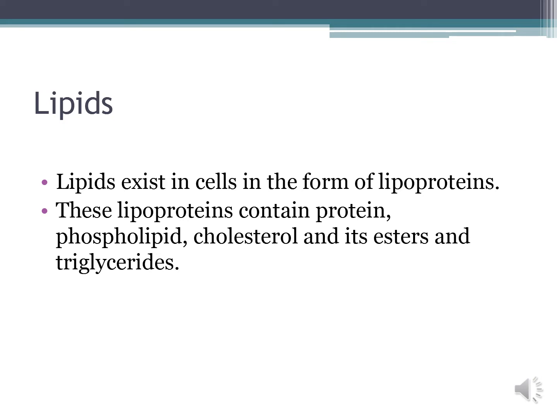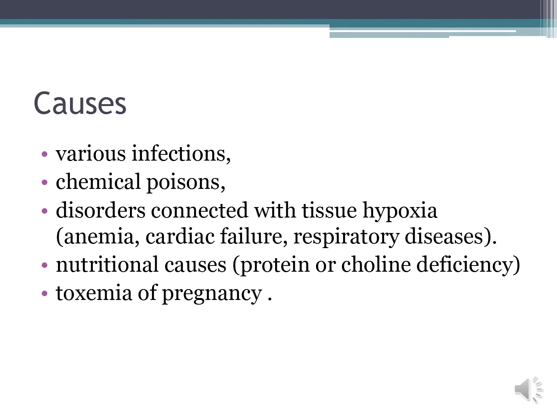Let's go to lipids. Parenchymal dystrophy, which is caused by lipid metabolism disturbances. You remember that lipids exist in the cell in the form of lipoproteins. These lipoproteins contain protein, phospholipid, cholesterol and its esters, and triglycerides.